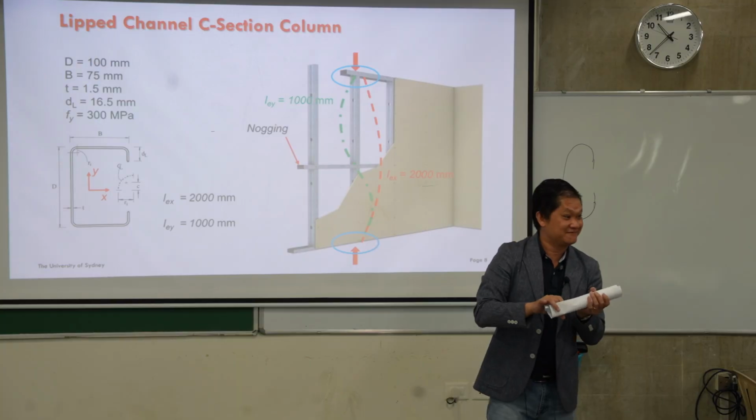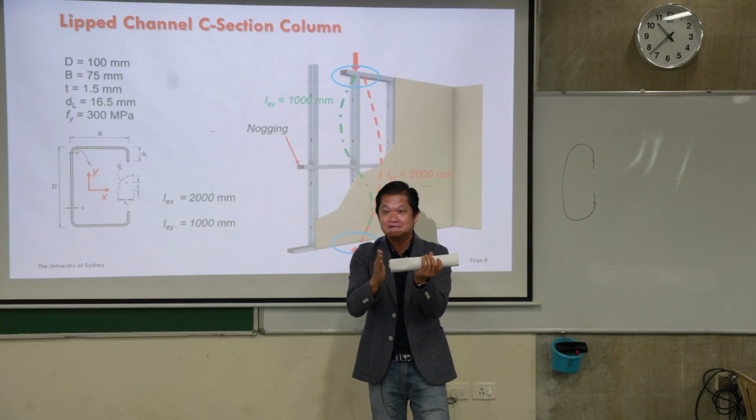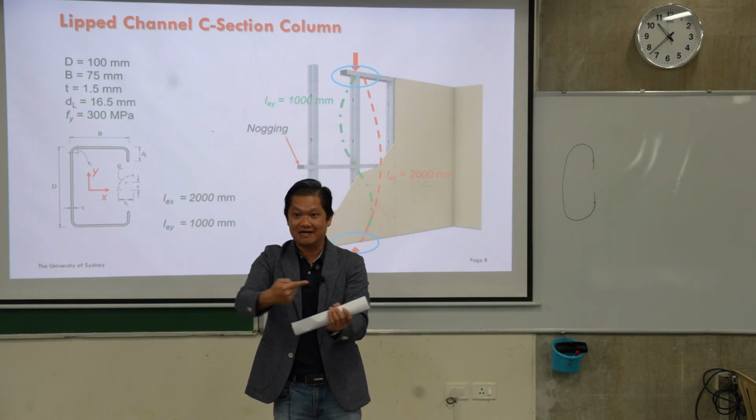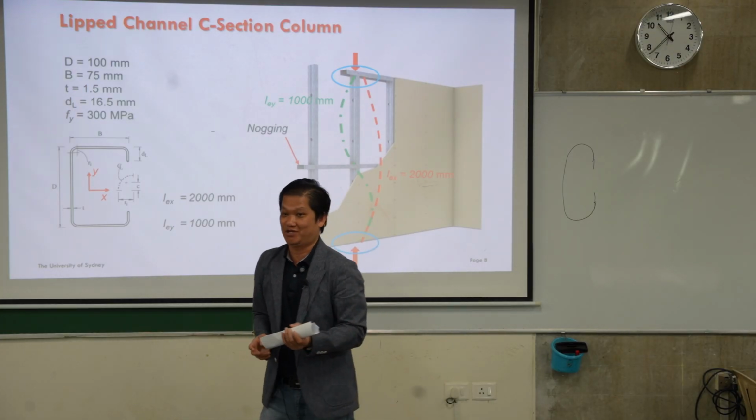What is that telling me? When you restrain that end from longitudinal displacement, or the other term we call warping displacement, then you actually increase twisting capacity.